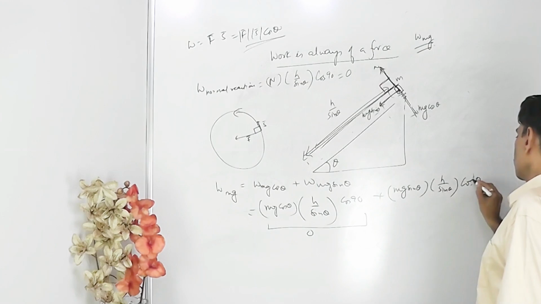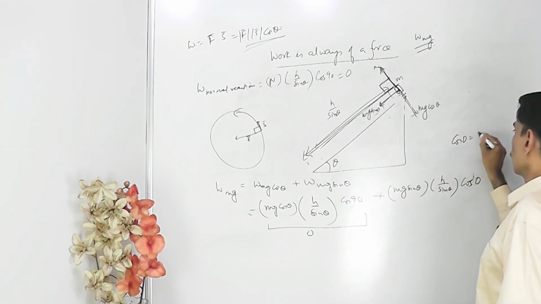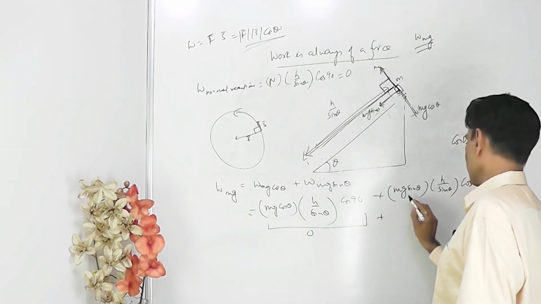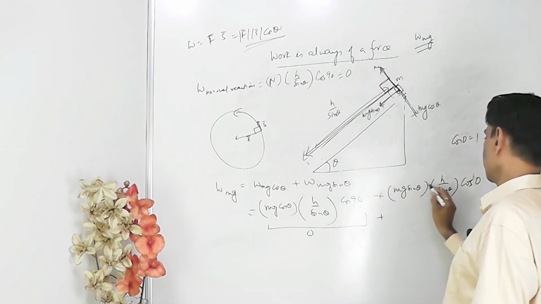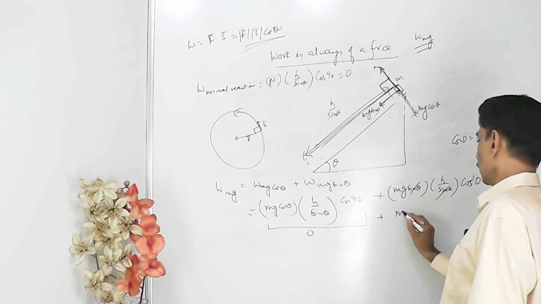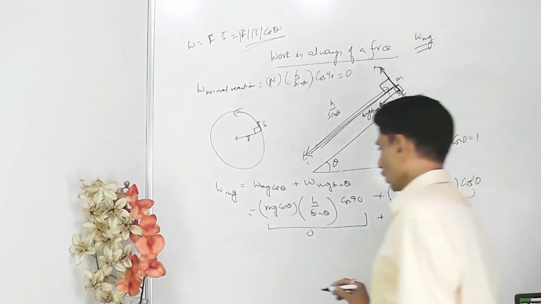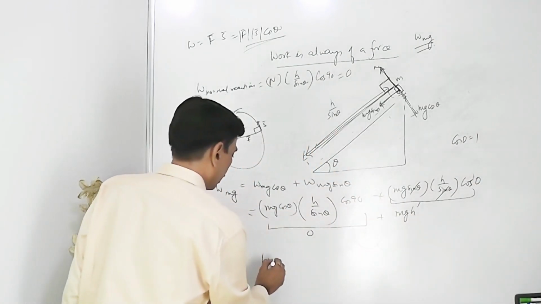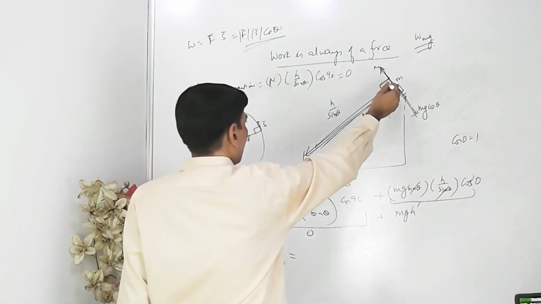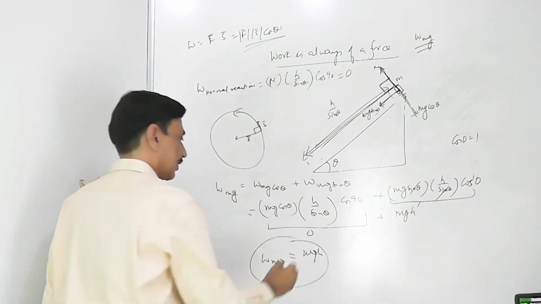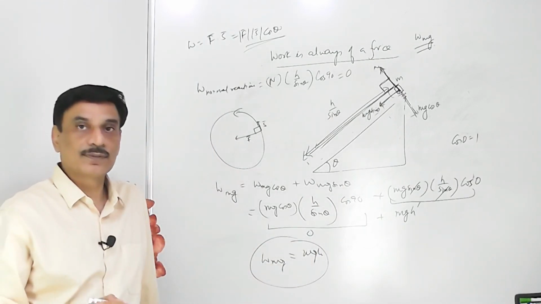You know cos 0 degree is 1. So this comes out to be plus mg sin theta into h by sin theta. Sin theta cancelled, so it comes out to be mgh. So the work done by gravitational pull when the body comes from here to here is mgh.